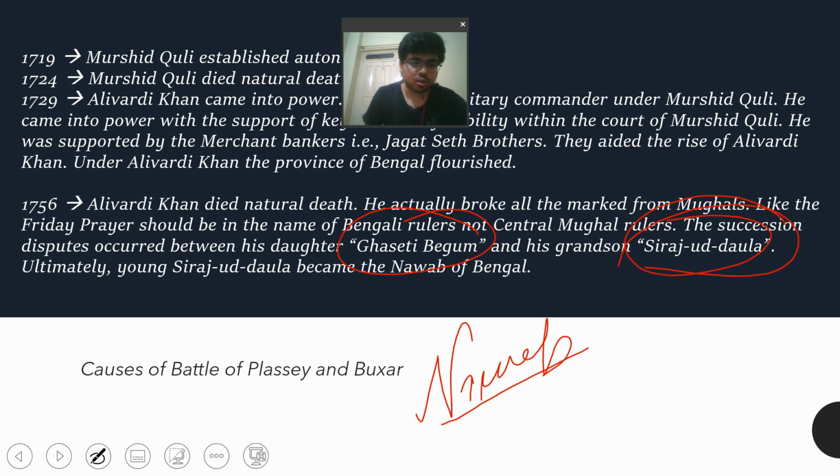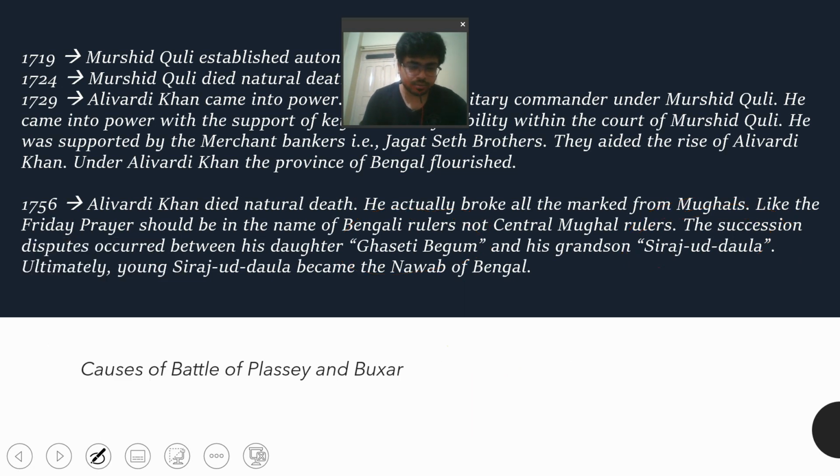So this was the cause of Plassey and Buxar. The rivalry happened among the merchant bankers. The merchant bankers were not in favor of these things as the succession disputes occurred, and the Jagat Seth brothers were being supported by Alivardi Khan and others.